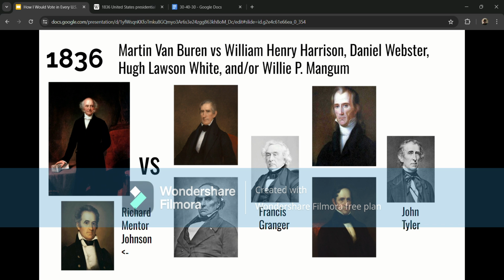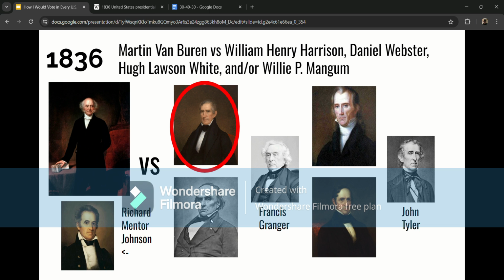So that leaves Harrison and Webster. Now, under most normal circumstances, if I had known that Webster would have been on the ballot in multiple states, or in any state besides Massachusetts, I would have voted for Daniel Webster hands down in this election. But under the assumption that more than likely I probably would not be living in Massachusetts, and I want to vote for the person who probably has the best chance of winning, my vote would have gone to William Henry Harrison, reluctantly for this one.